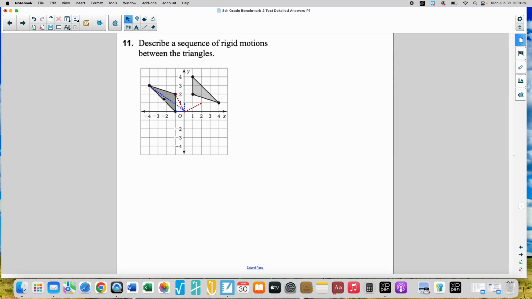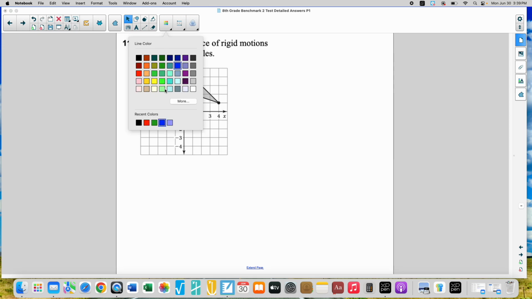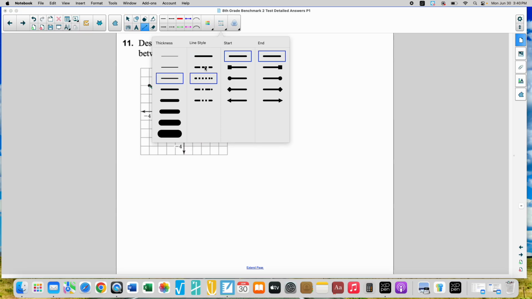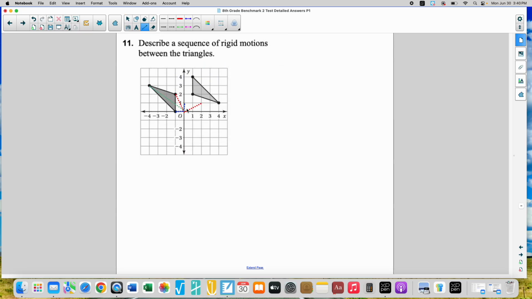Let's make that green. And if we did that 90, what's that? That is 4, 3. So where's that going to go? 4, 3 is going to be there, right? Yeah, that's good.